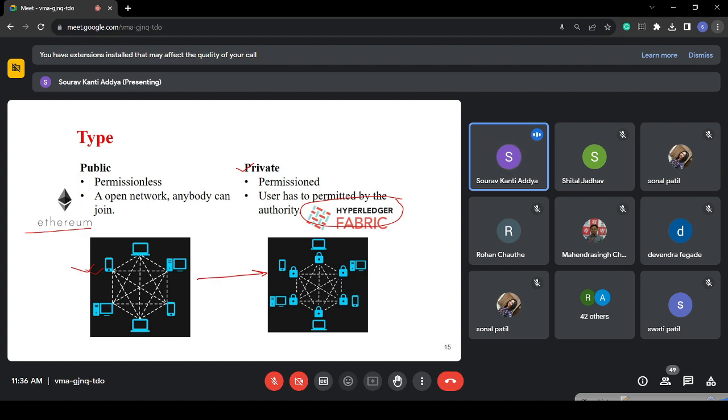This one and this one. Here, anybody cannot join. They need authentication or credentials, and only then can he or she join this network. On the other hand, in a public network, anybody can join; there is no authentication or credentials.